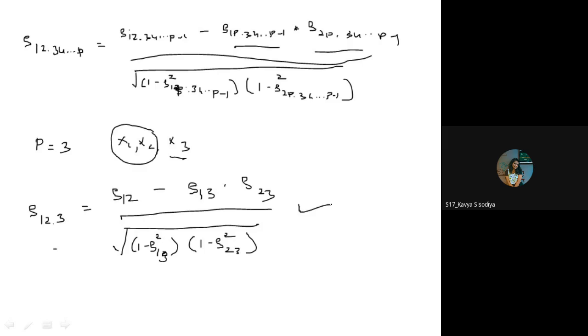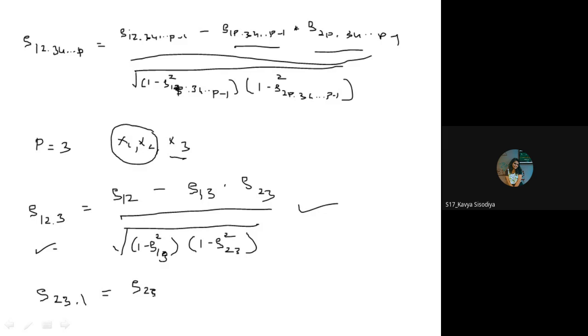Okay, so this formula you have studied at the BSc level: if you know the simple correlations between x1 x2, x1 x3 and x2 x3, how to find the partial correlation. Similarly, you can change the formula if you are interested in the partial correlation between 2 and 3 when x1 is fixed. So what is the formula?